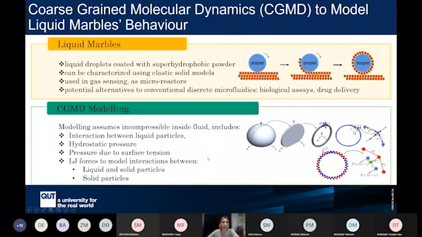We include pressure due to surface tension and the hydrostatic pressure, and we are using Lennard-Jones forces to model the interactions between the particles, between the liquid and the solid particles, and between solid and solid particles around this layer of coating.